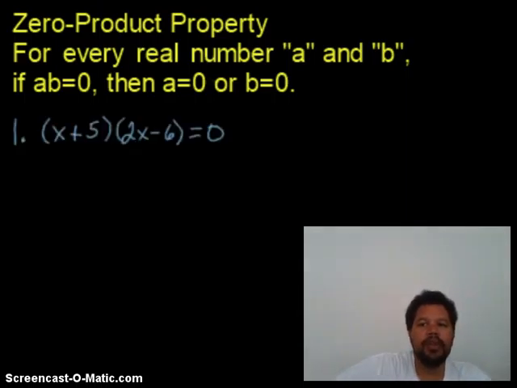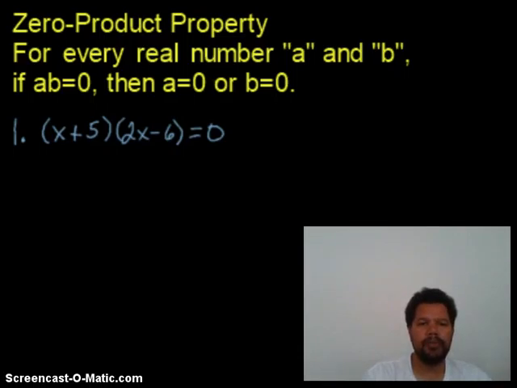Okay, so we have this example where we want to solve the equation, and we have two quantities being multiplied to each other, x plus 5 and 2x minus 6. According to the zero product property, either one of these quantities can be 0 for this whole entire product to equal 0.